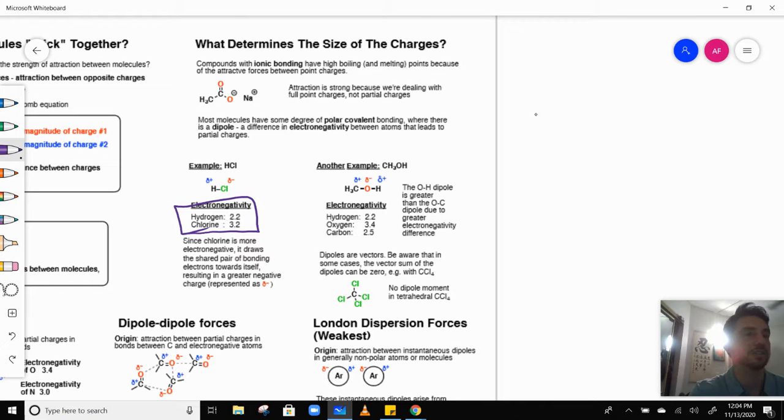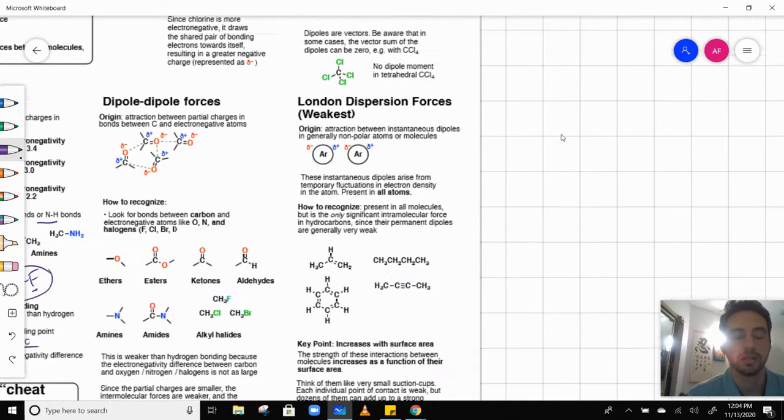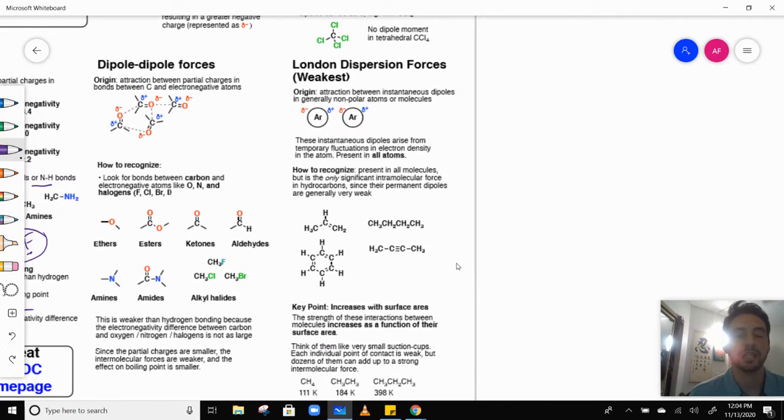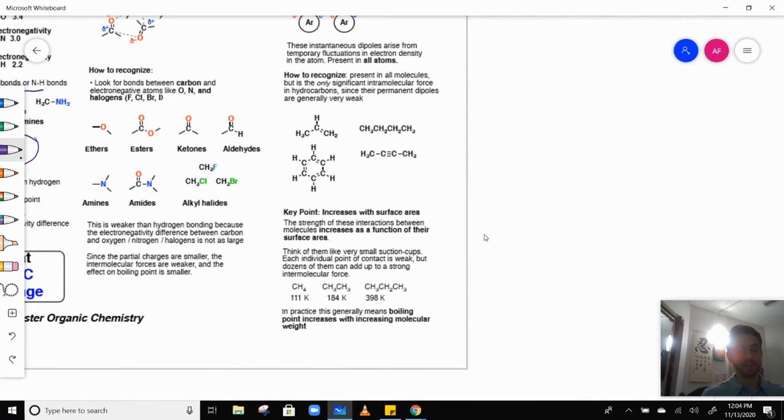The greater the difference in electronegativity, the greater the polarity, the greater the dipole-dipole interaction. Okay. And then again, London dispersion forces, the larger the atom, the larger the molecule, the greater the force. The straighter it is, the greater the surface area of it, the greater the force.